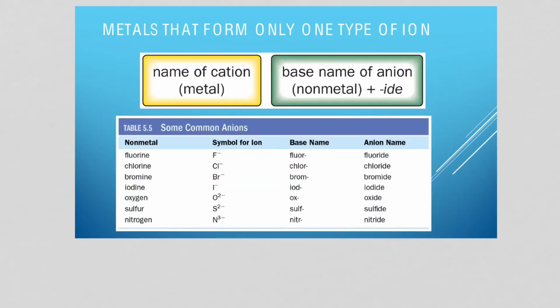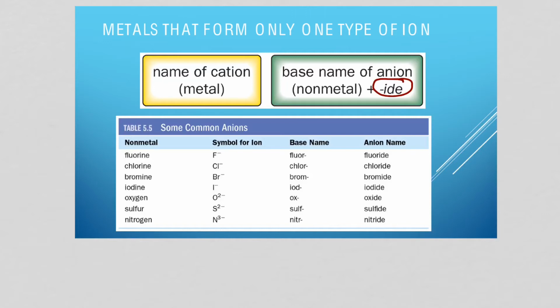So, first of all, metals that only form one type of ion. The basic naming system, again, two parts. For binary, we're going to name the positive ion, right? Typically the metal. And we're going to then name the negative ion with the name of the nonmetal, but we're going to alter the name of the nonmetal to end in IDE.